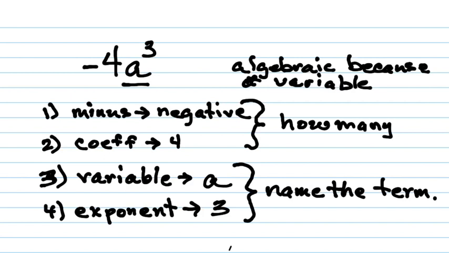Why are they together? Because you'll see when we start dealing with things that are called like terms later, that the exponent makes a difference. Because is an a the same as a times itself 3 times? In other words, is a 2 the same as 2 to the second power? No, 2 equals 2, but 2 to the second equals what? 4.